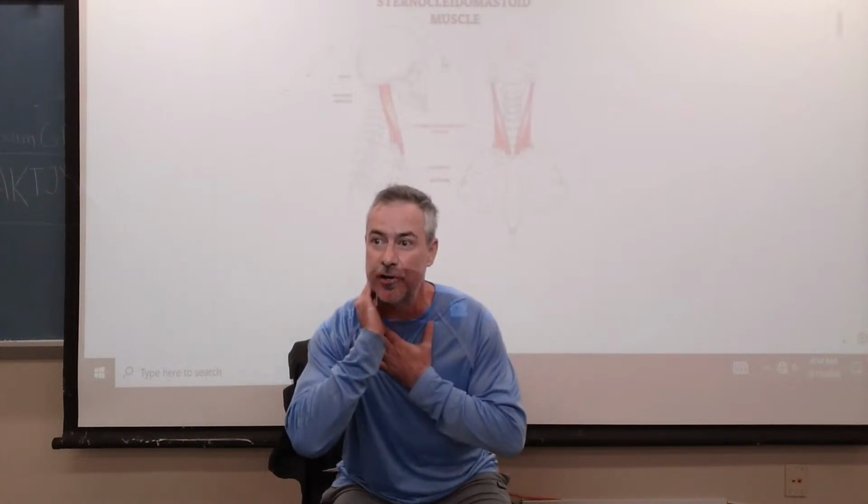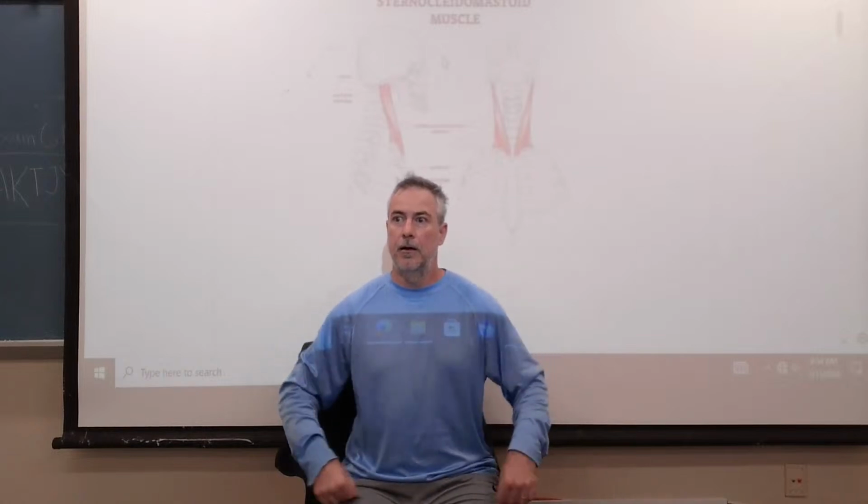Even though you feel a stretch, that's your right erector spinae being stretched. Your right sternocleido is actually being put on slack. It's getting shorter. You're stretching the left. The left sternocleido is a right transverse cervical rotator, and the right sternocleido is a left transverse cervical rotator. So that should make sense.